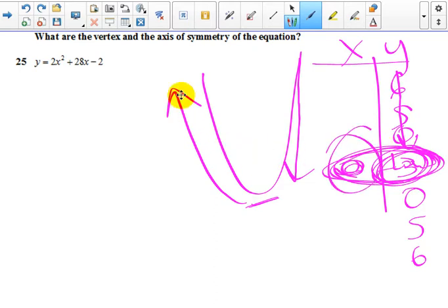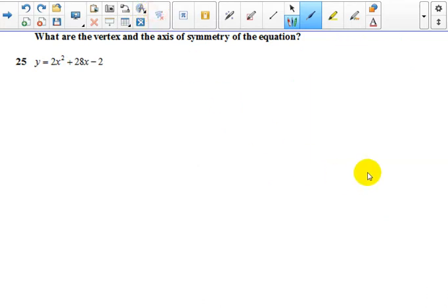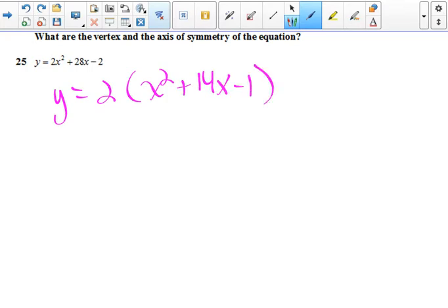and that x value is your axis of symmetry. Now, there's an easier way if you don't want to use the calculator. So we have a vertex formula, negative b over 2a. To make this easier, I want to factor this first. If we notice that all of these are divisible by 2, we've got y equals 2 times (x squared plus 14x minus 1).